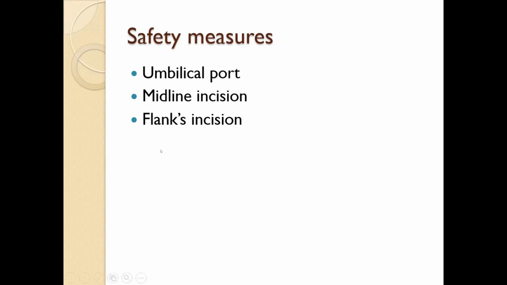For the flank incision, the safest area is located at the tip of the twelfth rib, to develop the retroperitoneal space. The safest area anatomically, before you establish the retroperitoneal space without entering the peritoneum, is at the tip of the twelfth rib. That is how we open the retroperitoneal area for kidney and adrenal surgery.